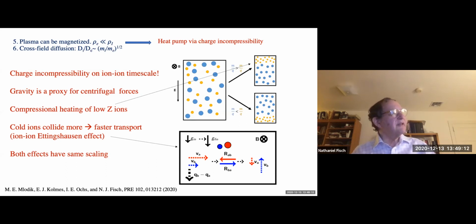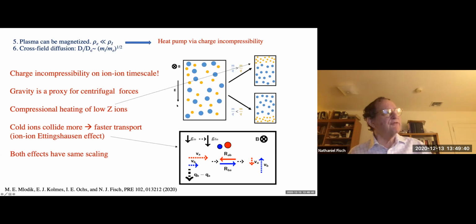And then in a magnetic field, because I can't move charge around by collisions, I have charge incompressibility. So now I have a very curious type of substance where it's compressible in density, but it's not compressible in charge. If I have a gravitational field, so here's my magnetic field into the board, and I have a gravitational field, I don't really mean a gravitational field for general applications.